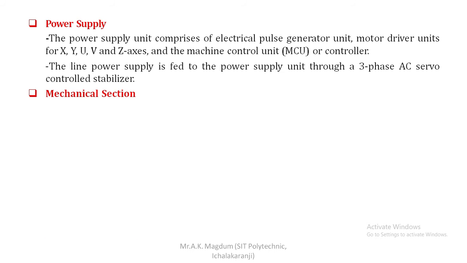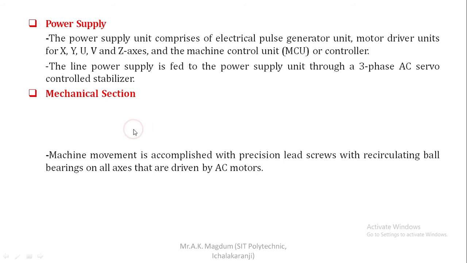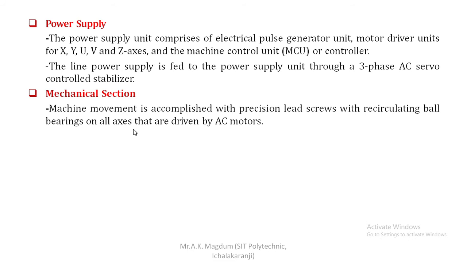Next, the mechanical section, another component of this wire EDM process. In it, machine movement is accomplished with a precision lead screw with recirculating ball bearings on all axes that are driven by AC motors. These are very important mechanical devices which are linked with various AC motors.